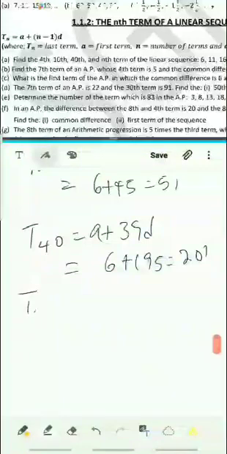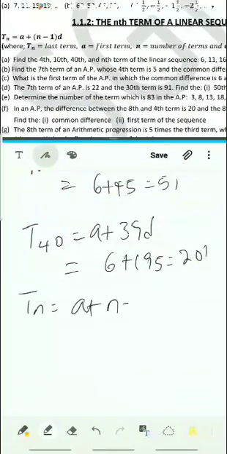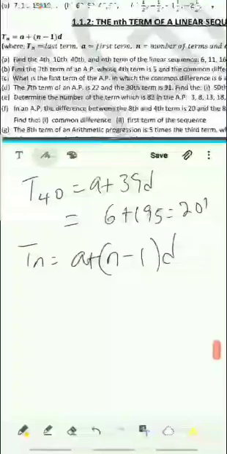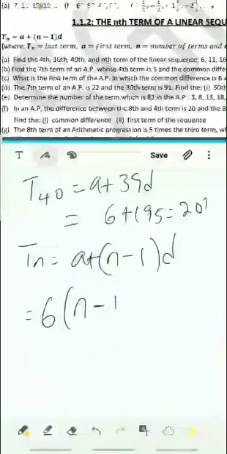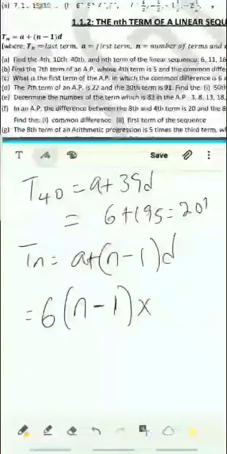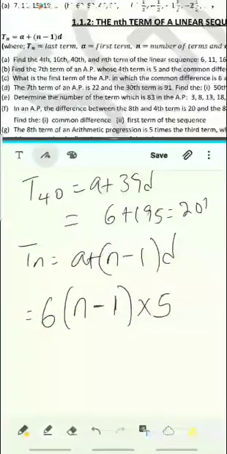Now to find the nth term of that sequence, recall the nth term is A plus n minus 1 D. So the nth term now will be 6, A is 6, plus n minus 1 times our D, which is 5.